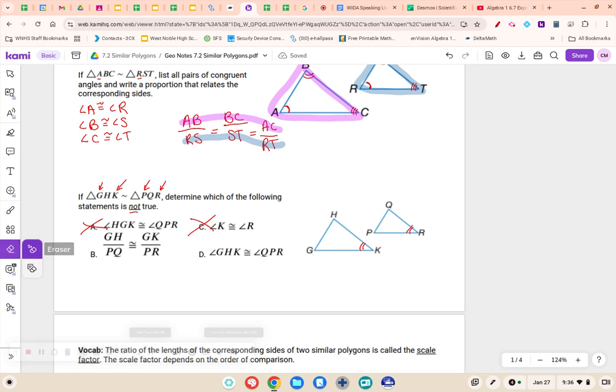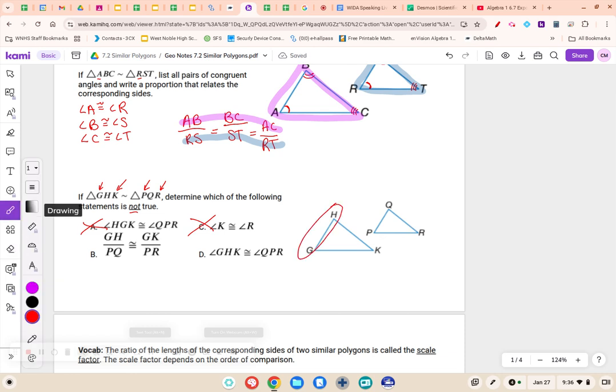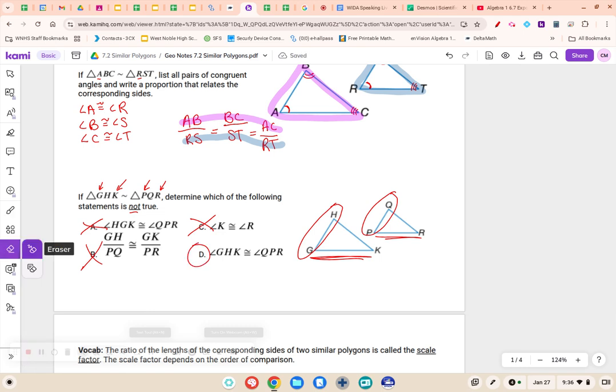We have our proportion here, GH over PQ. Those are similar sides, so they're in a fraction. And then GK over PR, those are also similar sides. We got lucky this time, they're oriented the same way, so we don't have to shift one shape around. So this is a true statement, so that's no good. That leaves us with D being our not true statement.